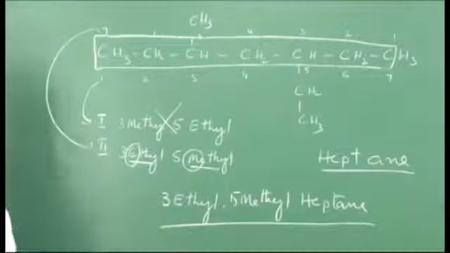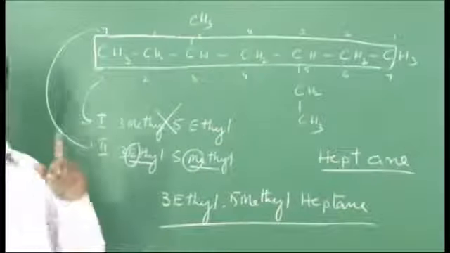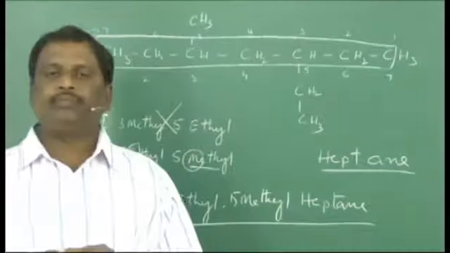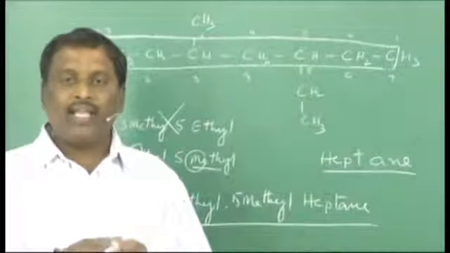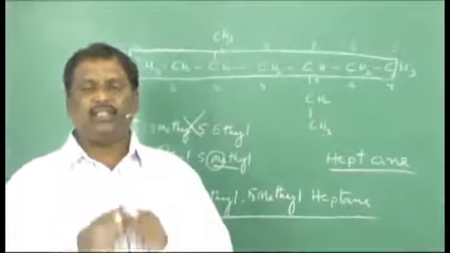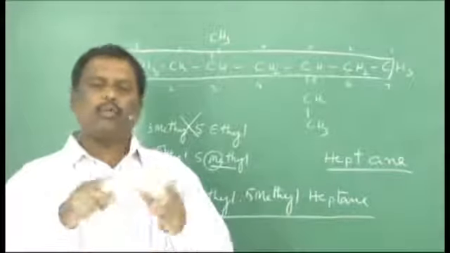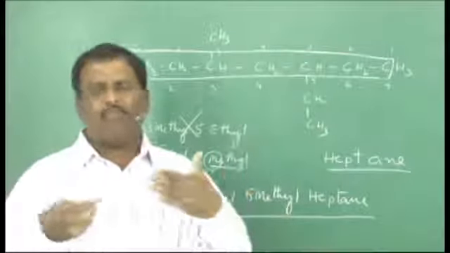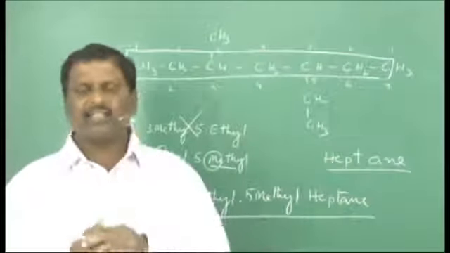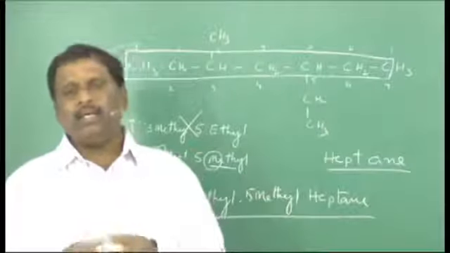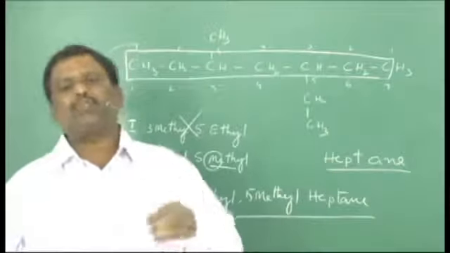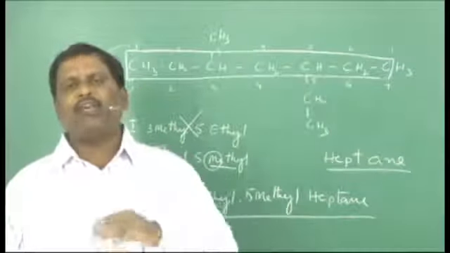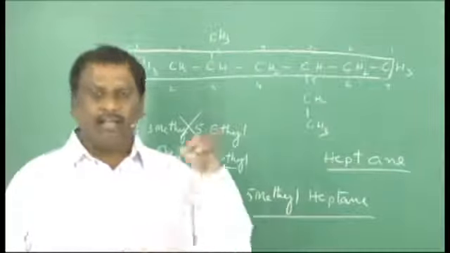3-ethyl 5-methyl heptane. Remember once again, if two different groups are getting identical positions in the main chain, that is, both have the same positions from this side numbering or that side numbering, in such cases you should remember that the substituent whose first letter comes first in the alphabetical order must be on the lowest-numbered carbon.